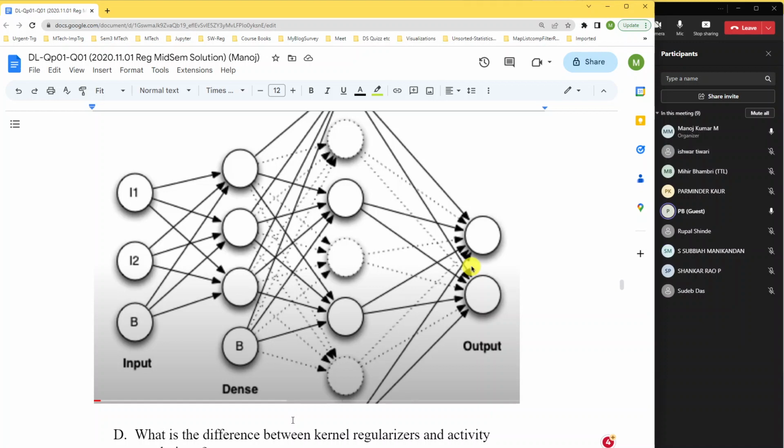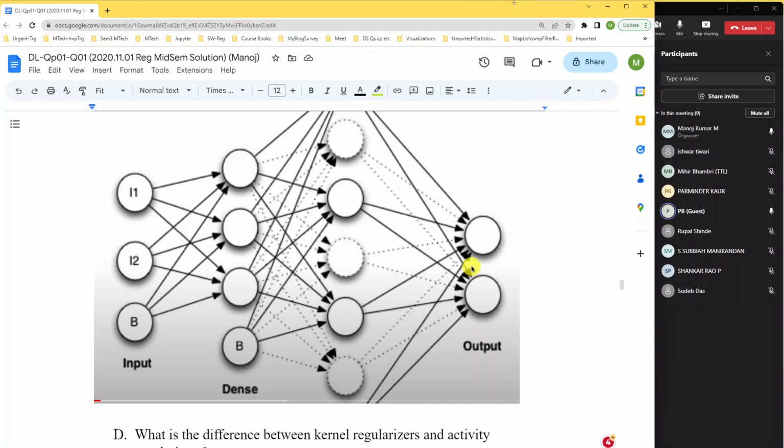L2 squares the weights, unlike L1. When your weight is increasing, it will add and square those weights. So your entire cost function is not exactly zero, and your weight will also not go to zero.